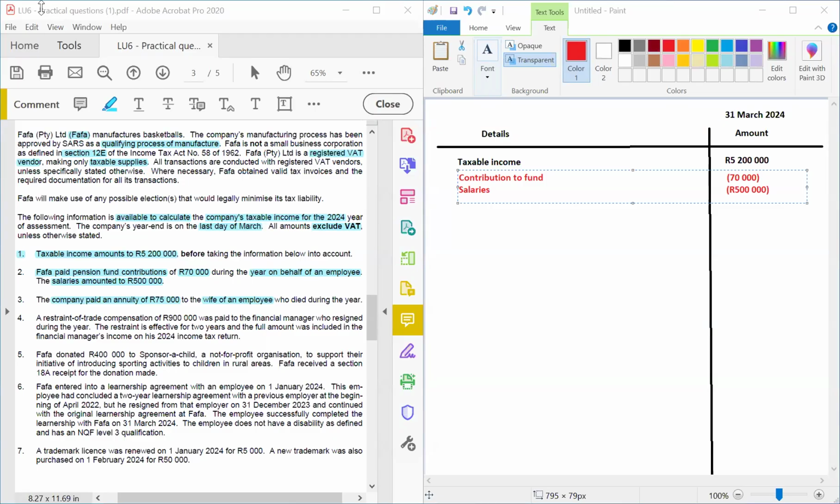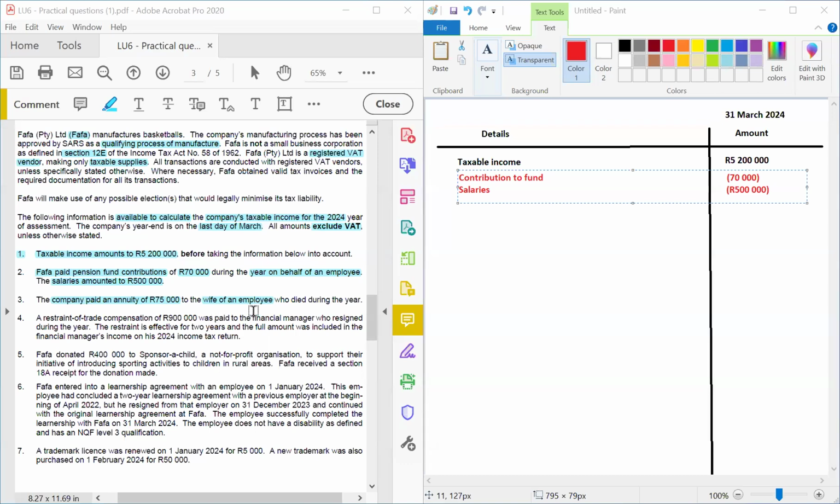So they are commenting in the chat box. They are saying that we should deduct the 75,000. Okay, why should we deduct the 75,000? Now, this is paid to what?